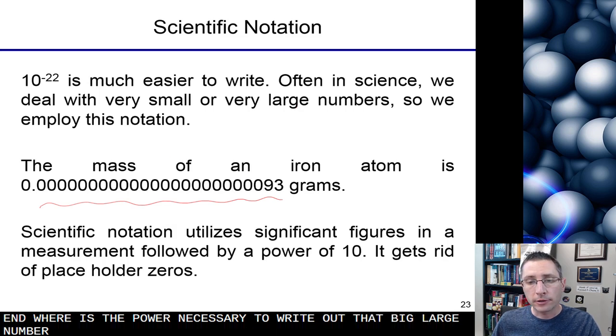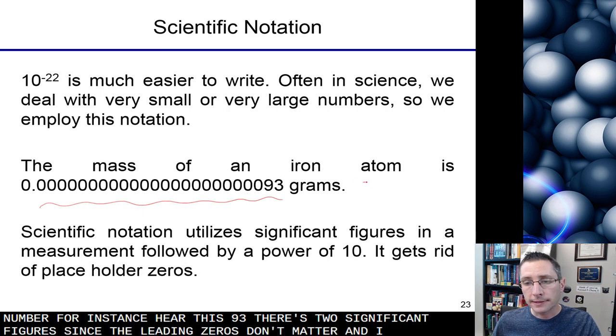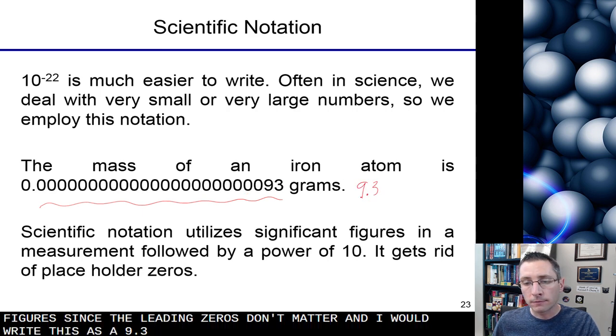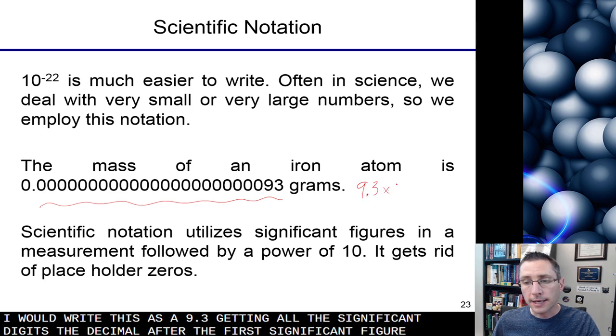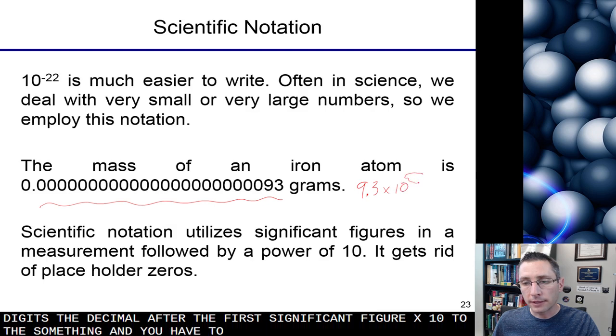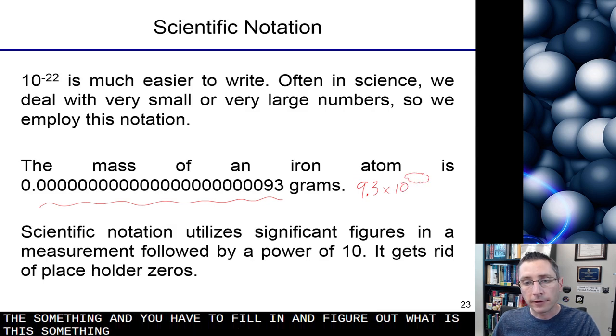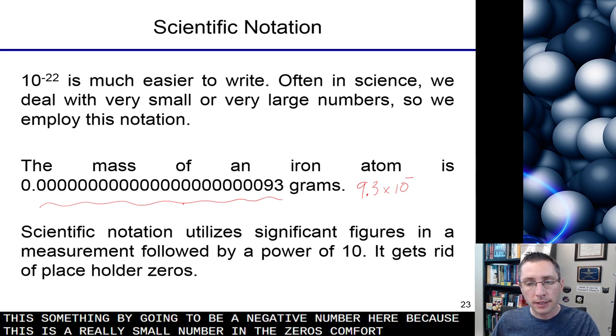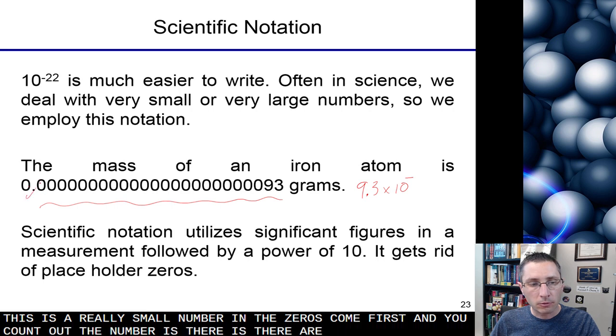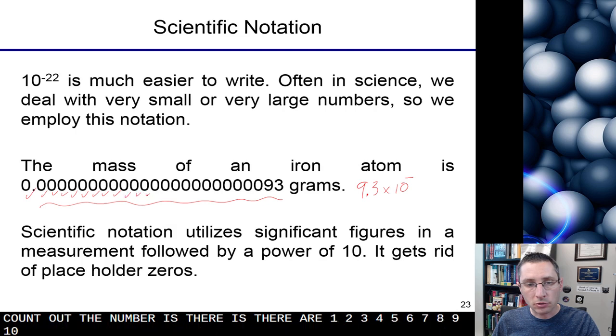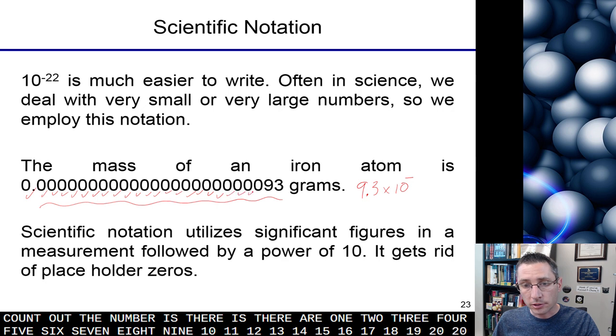Okay, so for instance here, this 93, there's two significant figures since the leading zeros don't matter, and I would write this as 9.3. All the significant digits, the decimal after the first significant figure, times 10 to the something, and you have to figure out what that something is. It's going to be a negative number here because this is a really small number and the zeros come first, and you count out the number of zeros. 1, 2, 3, 4, 5, 6, 7, 8, 9, 10, 11, 12, 13, 14, 15, 16, 17, 18, 19, 20, 21, 22, 23.